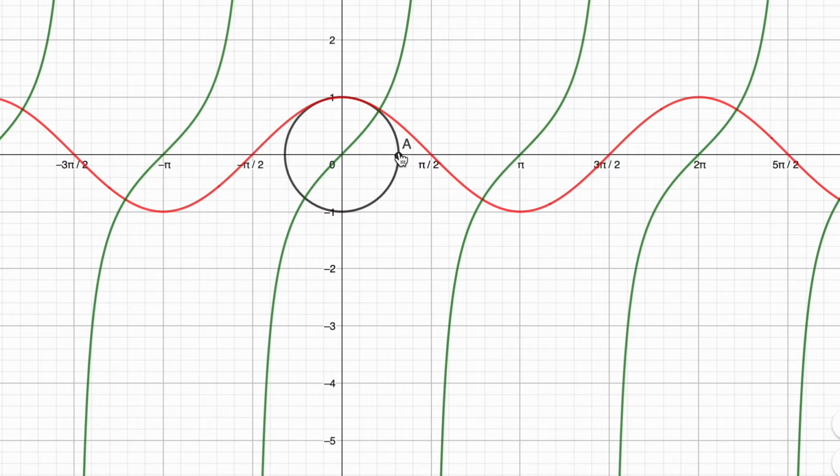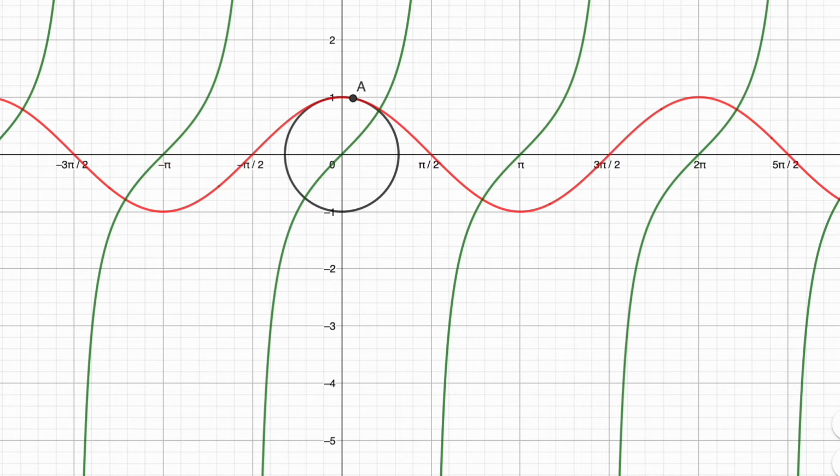So right now, because this is at 0, the cosine is 1 and the sine is 0, so we are at 0 here. Now if I move this point, you'll notice that I started at negative pi over 2, and as the cosine is getting close to 0, this thing is going off to infinity.